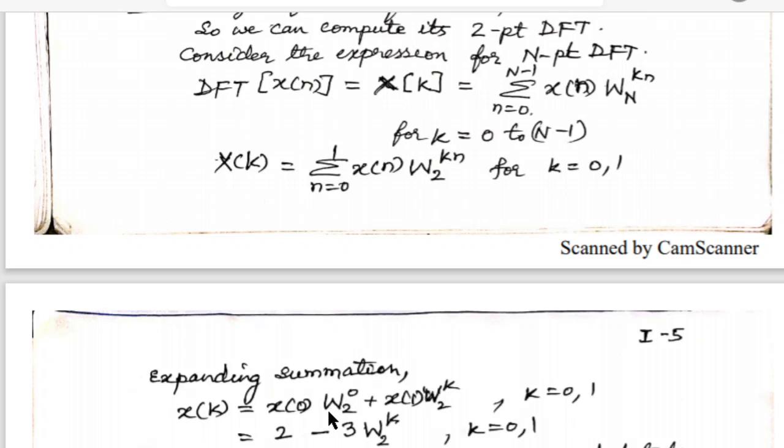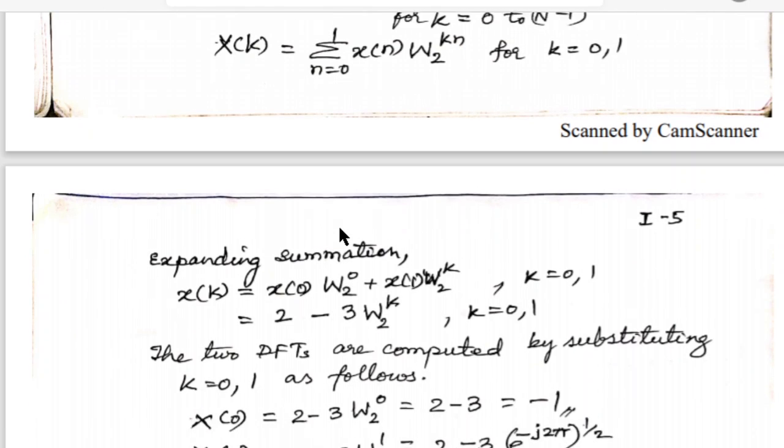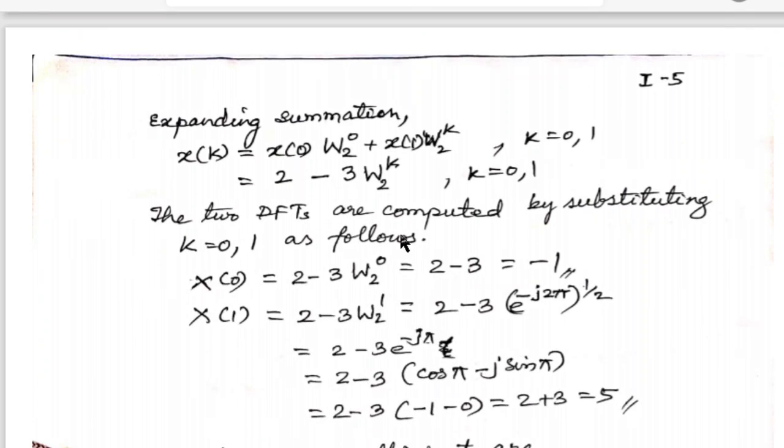Now substitute the values of x of 0 and x of 1 from the given input sequence. So x of 0 happens to be 2, x of 1 happens to be minus 3. Now coming to this, X of k equals, small n being 0, I will get x of 0 as 2 into W suffix 2 raised to 0 plus x of 1 into W suffix 2 raised to n being 1 here.